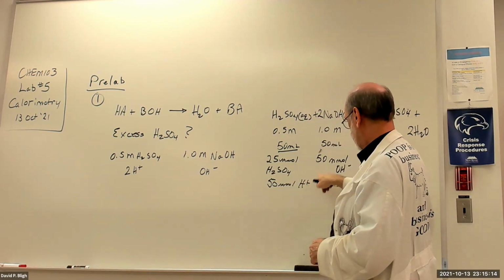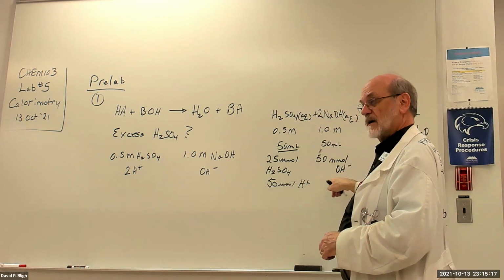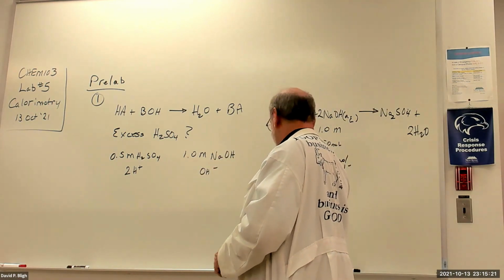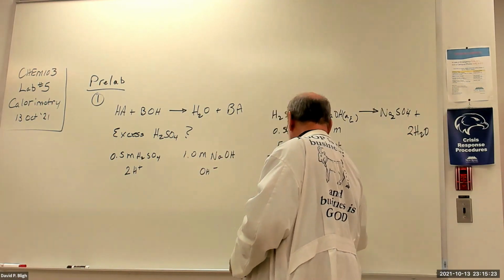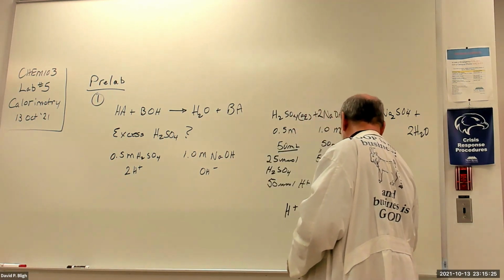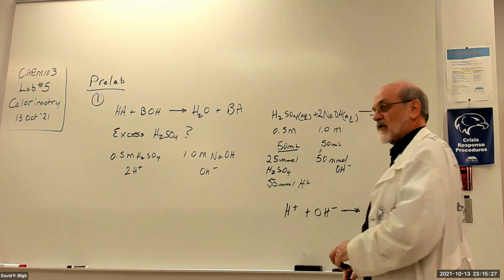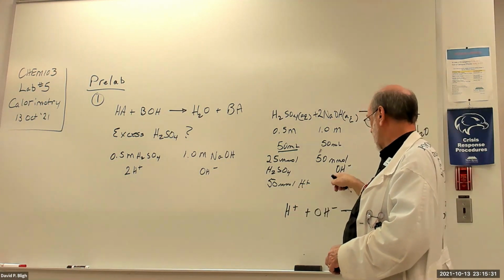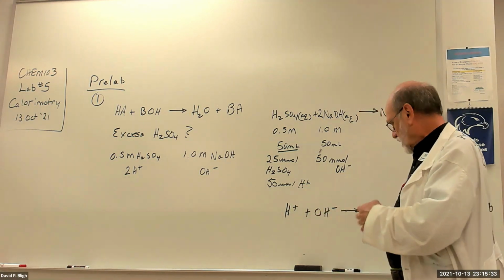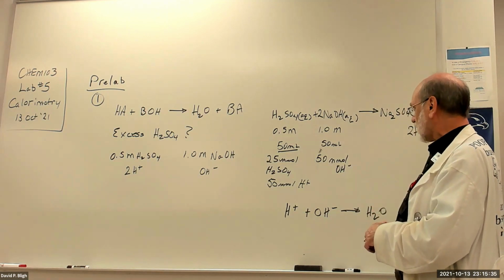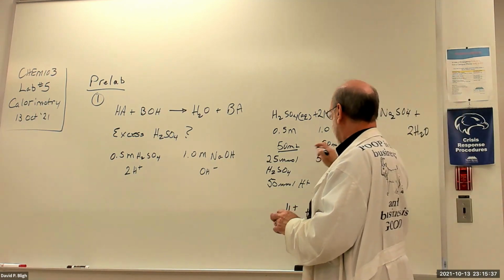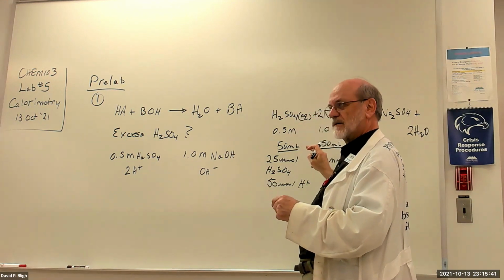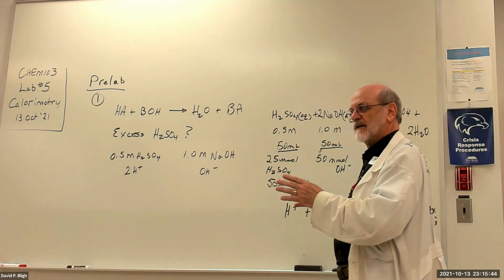So we get equal amounts here, and that satisfies the net ionic equation for an acid-base reaction. Equal amounts: 50 millimoles here, 50 millimoles there. So in this case, 50 milliliters of each would be stoichiometric, the perfect balance.